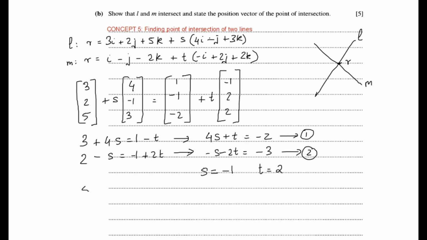So 5 plus s into 3, so 3 into minus 1, is equal to minus 2 plus t into 2. So that gives us 5 minus 3 on the left side and negative 2 plus 4 on the right hand side. So 2 is equal to 2. This is true. Therefore, the lines intersect.